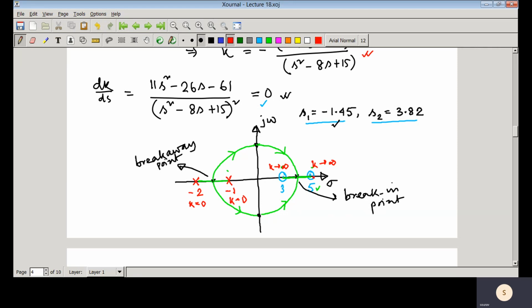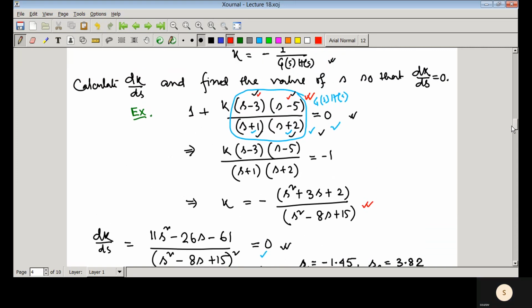So this is the root locus for the given open loop system.